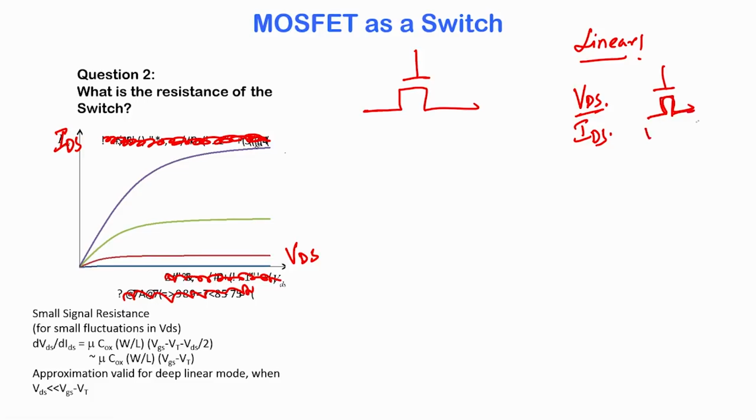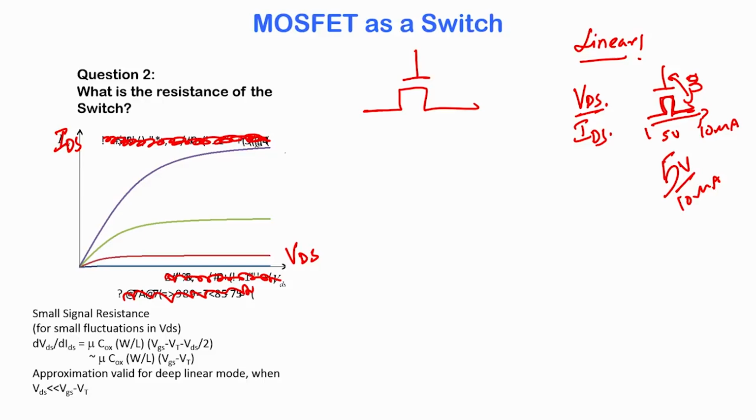Let us say VDS is 5 volts, VGS is 3 volts, and therefore the MOSFET is in saturation with a current of 10 microamps. So, VDS by IDS is 5 volts by 10 microamps, and you could say that effectively that is the resistance of the MOSFET.